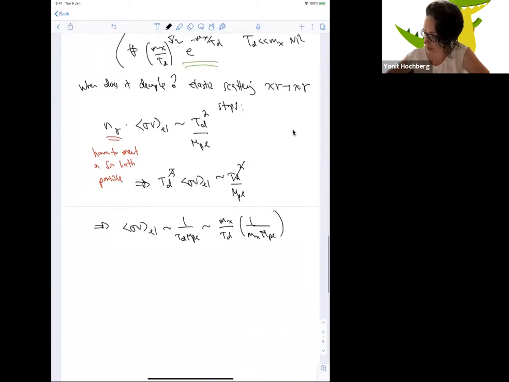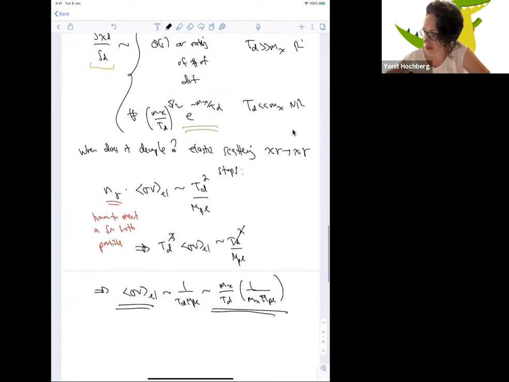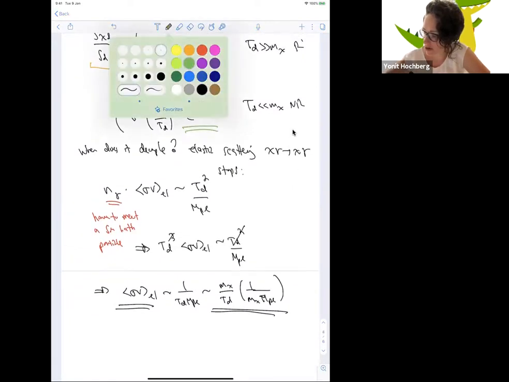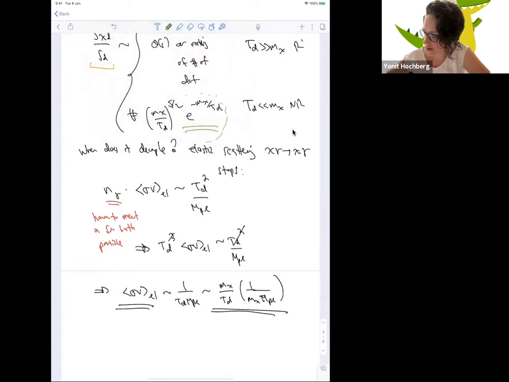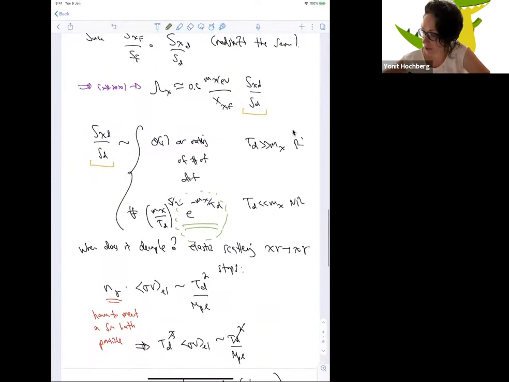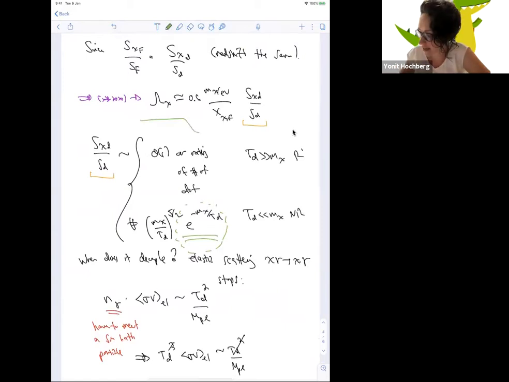What's important here is that this elastic scattering cross section scales with this mass over temperature, okay? And I remind you that the mass over temperature was what was sitting over here inside our ratio of entropies. And that same ratio of entropy is what was sitting here inside our abundance, okay?